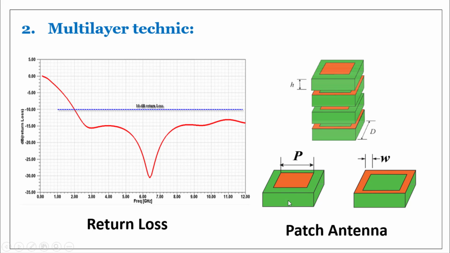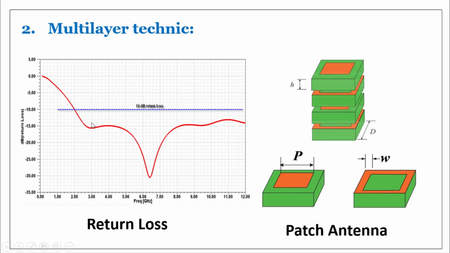We have the substrate in green color, and in orange color we have the radiating elements. We have a lot of substrates, so we talk about multi-layer, and we have a ground plane between each substrate. This technique is also used to find ultra wideband characteristics.